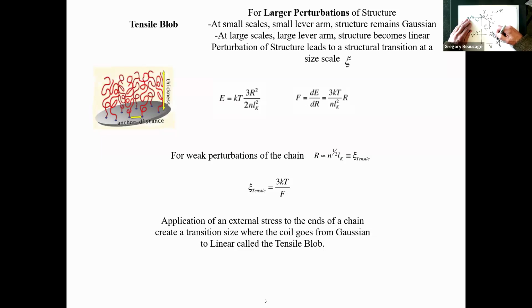Finally, it's totally stretched, and it will be like here, and that would be L. That's the contour length, the Kuhn unit times the number of Kuhn units, the total possible length it could have. It's a little complicated, but it's not that bad.